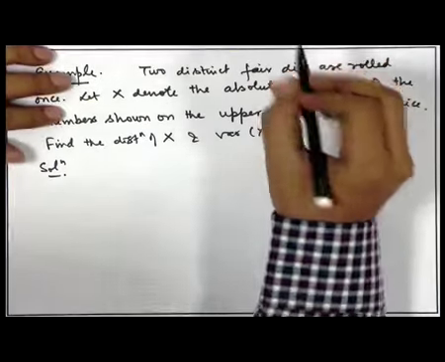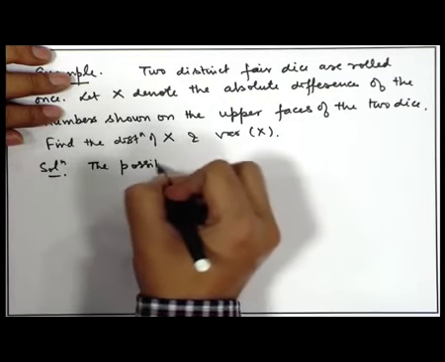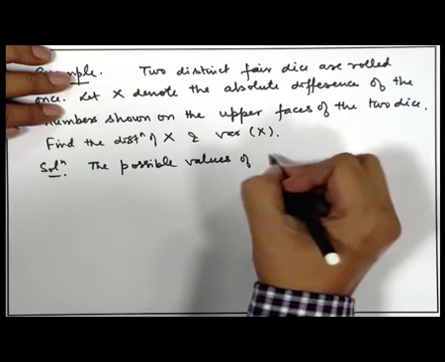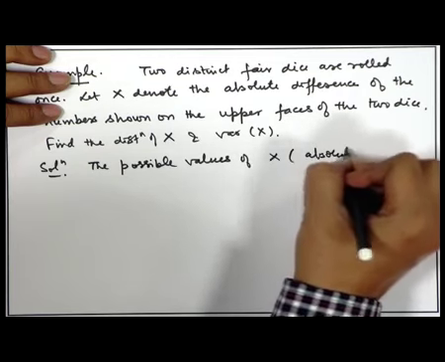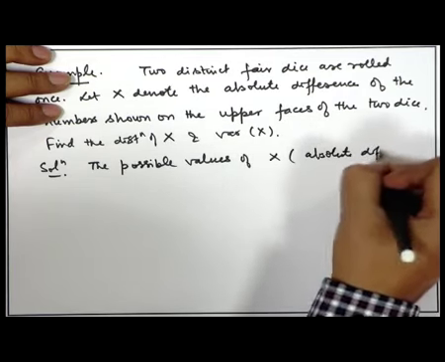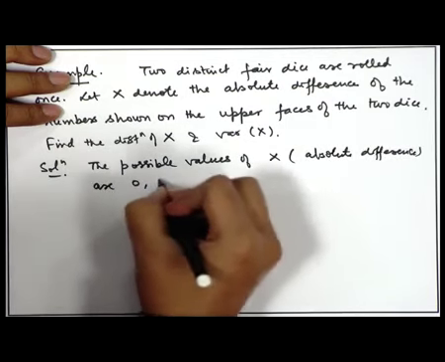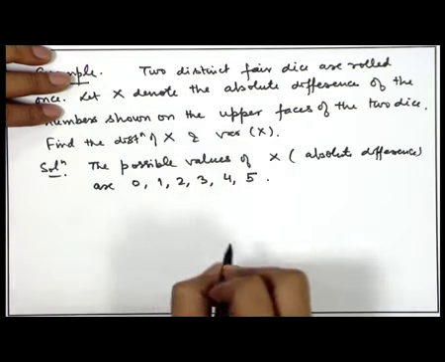So, the possible values of x, that is the absolute difference, are 0, 1, 2, 3, 4 and 5.